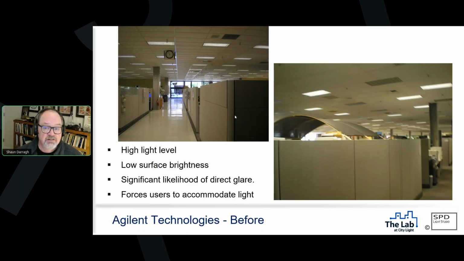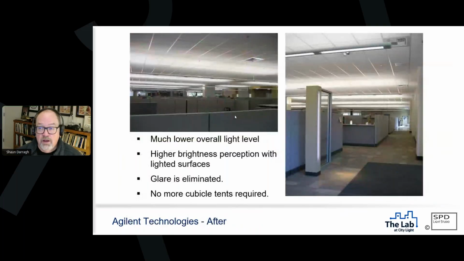Agilent Technologies, we saw this earlier, right? Where we had high surface light levels shooting down from the parabolics. In fact, so high in some cases, people felt that they needed to hide from them. When we retrofitted it with an indirect direct solution, much lower light levels, right? Much lower measured light levels, but the space feels tremendously brighter because the dominant surface, the ceiling, is lighted.